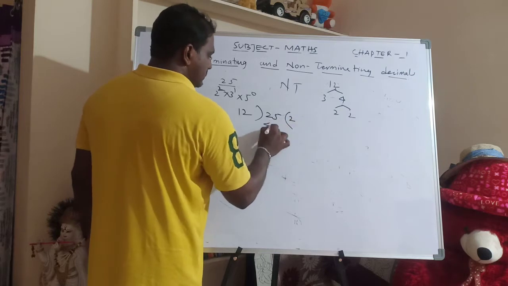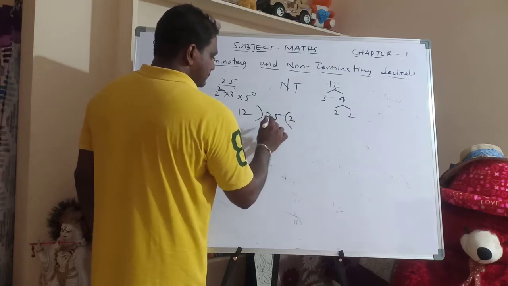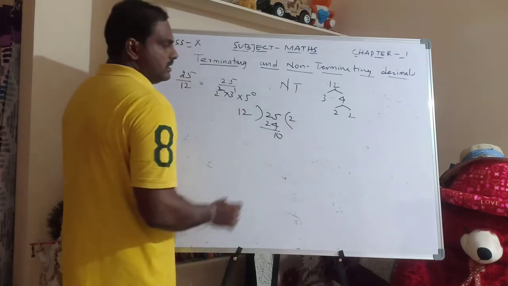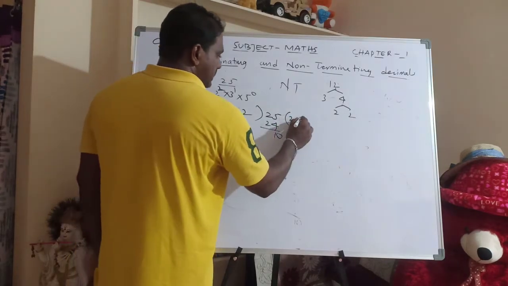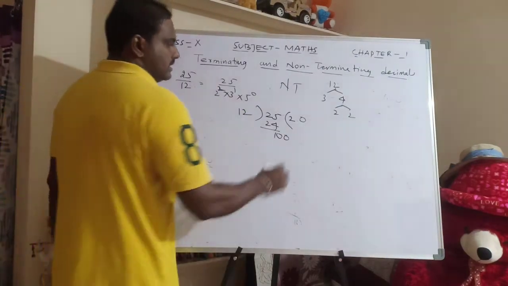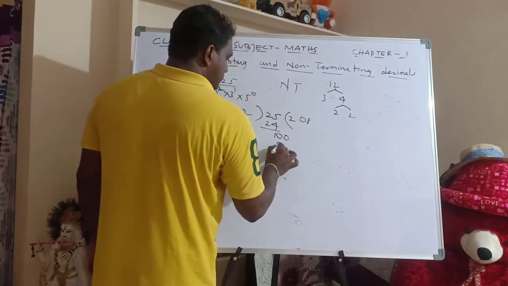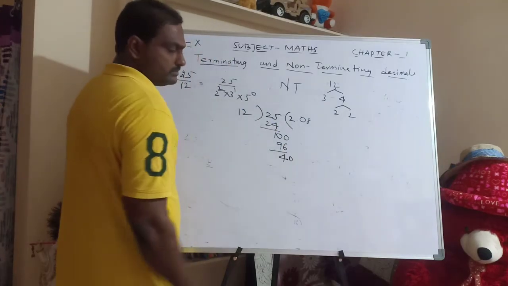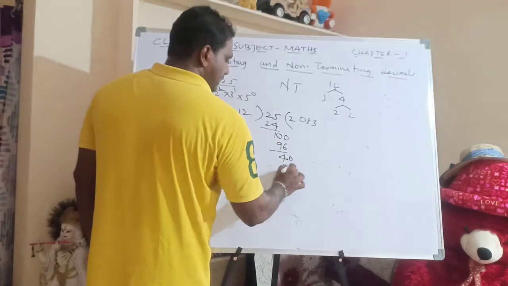Look at it. 12 2s are 24. What is the remainder? 1, 0. Not possible. Then what should I take? Keep 0 here. 12 8s are 96. Remainder 4. Already we put 0. 12 3s are 36.